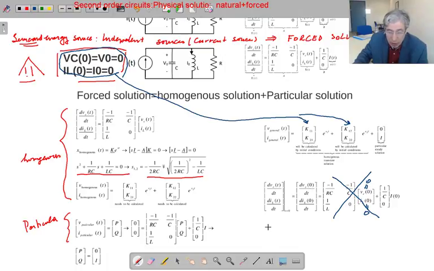Altogether what we've got here: IL0 equal to 0, VC0 equal to 0, dVC/dt at 0 is (1/C) I0, and dIL/dt at 0 for this given circuit is equal to 0.